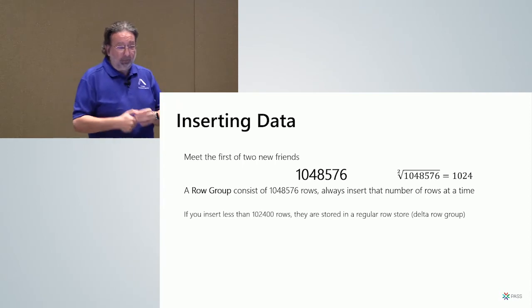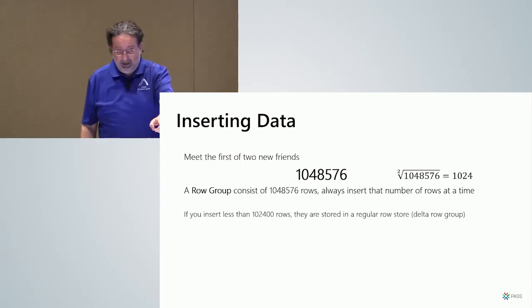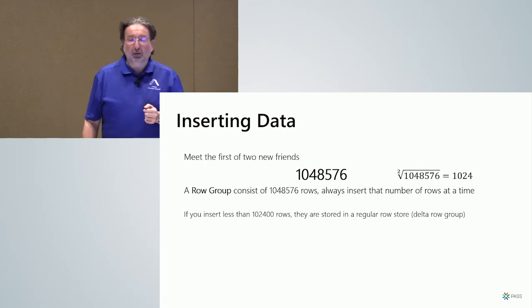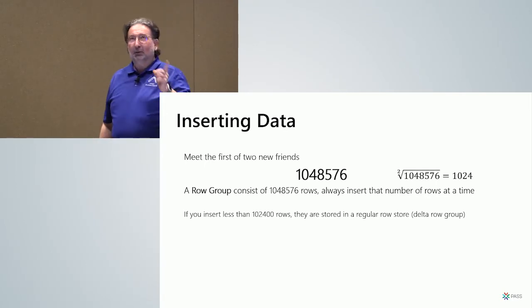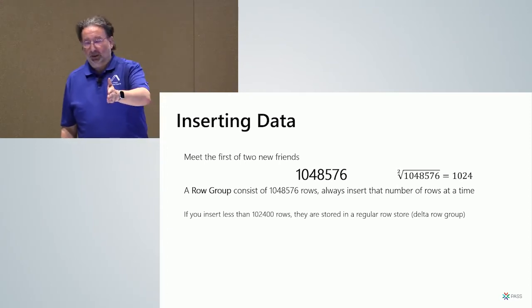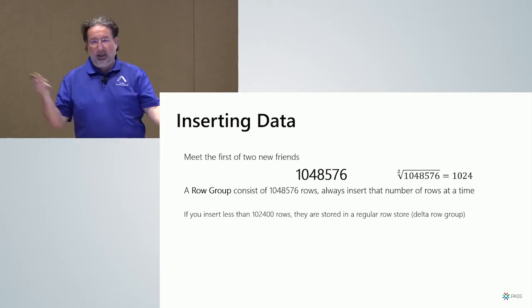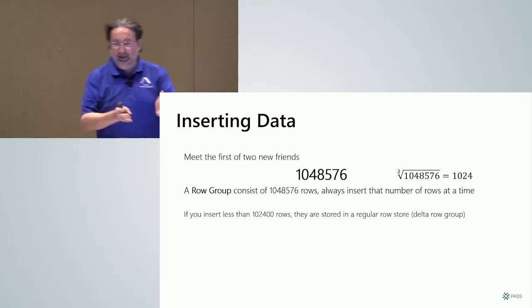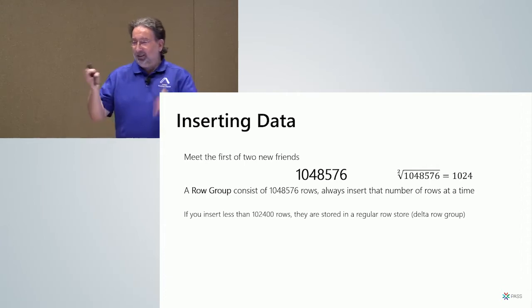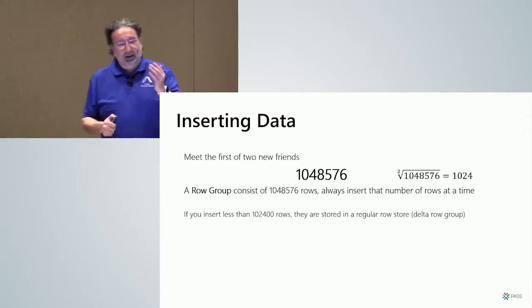So, if you insert less than, and that's a different number, 102,400 rows. It's basically 1,024 times 100, because 128 was not on the menu. I don't know. Microsoft keeps cheap. Seems 2 different developers made the decisions on how to randomly choose numbers.